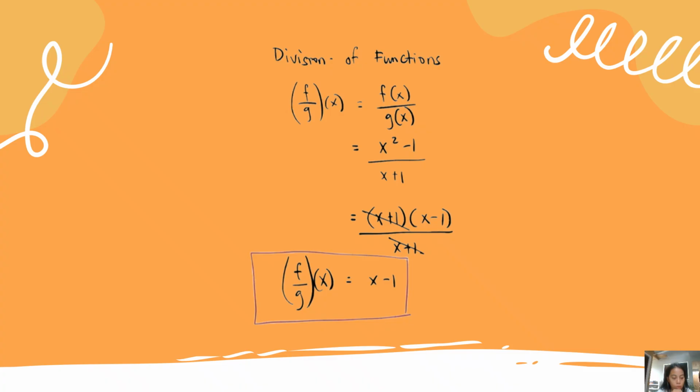Notice that the numerator, x squared minus 1, can be factored as x plus 1 times x minus 1. So cancel the common factor. Cancel the common factor x plus 1 from the numerator and the denominator. So the final answer is f over g of x is equal to x minus 1.